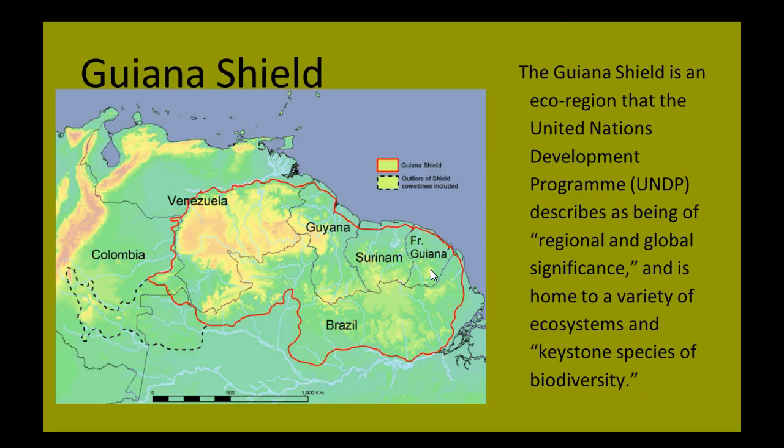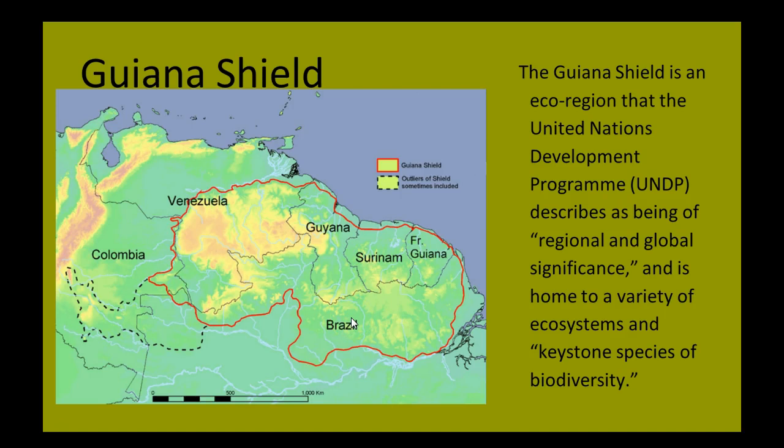So here we have a more focused view of the Guayana Shield. You can see that it has a different spelling than the country of Guyana. You can also see that it has an extensive highland area that extends well into the country of Venezuela, and also extends across through parts of Brazil, Suriname, and French Guiana.